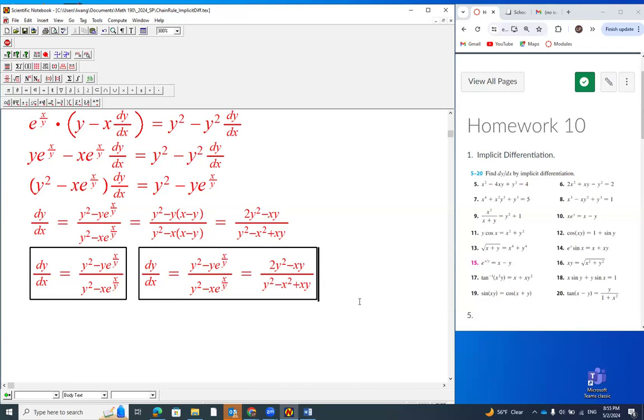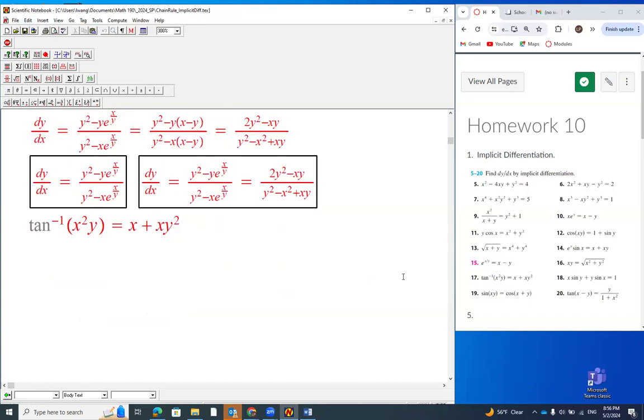Okay. So let's look at 17. 17 is arctangent of x squared y equals x plus x times y squared.